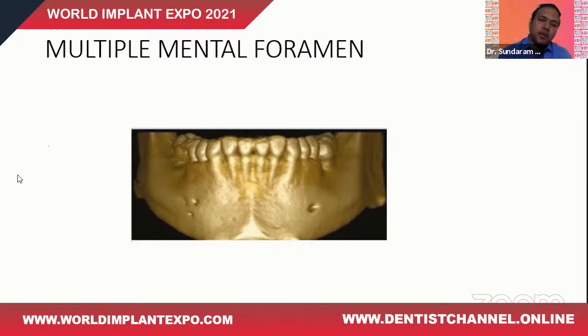You make an incision, raise a flap, and then gently get a blunt probe down up till here, and check for where the mental foramen is, and then you can go ahead placing your osteotomy. Now, this maneuver is safe as long as you do this probing in a gentle manner.